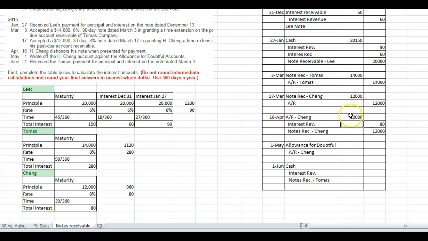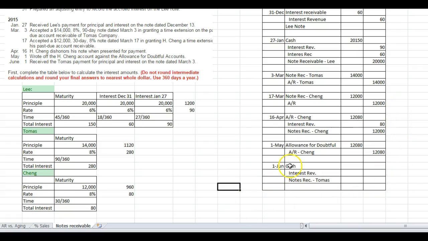Now I'm going to turn around and immediately remove it and take it out of the allowance account because he's dishonored it, and this will subtract from the allowance account, and it has become a bad debt expense. It's taking care of all of that.